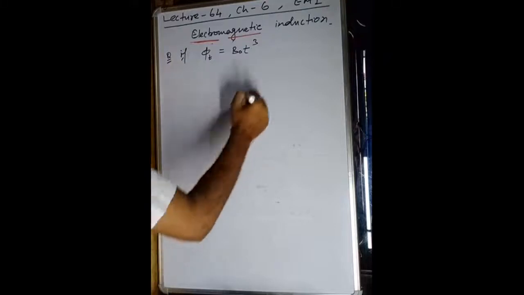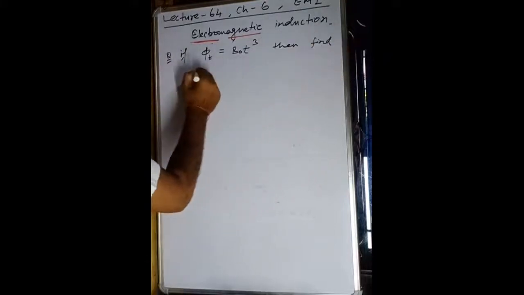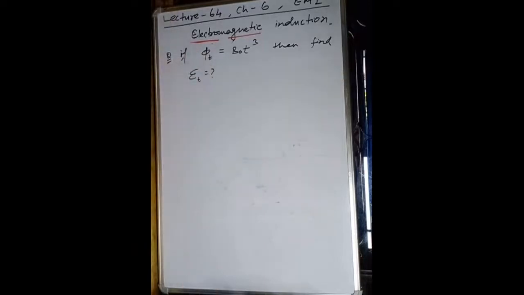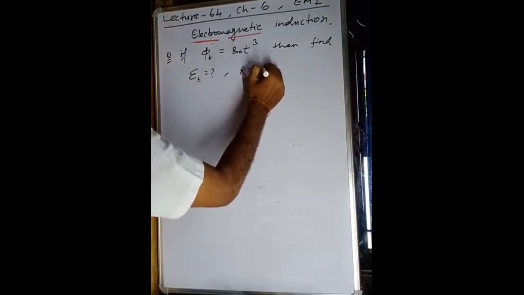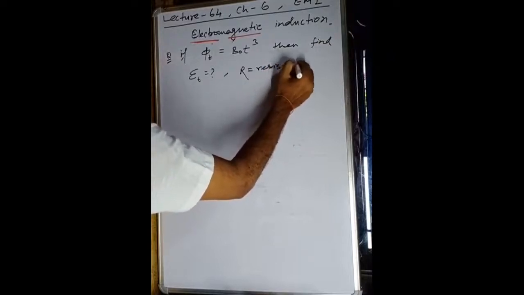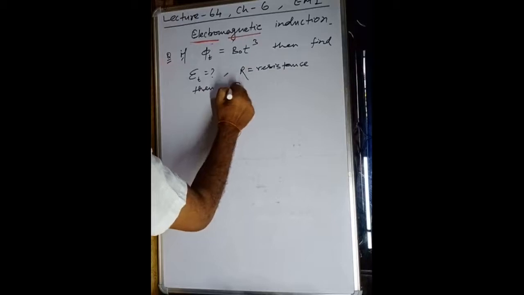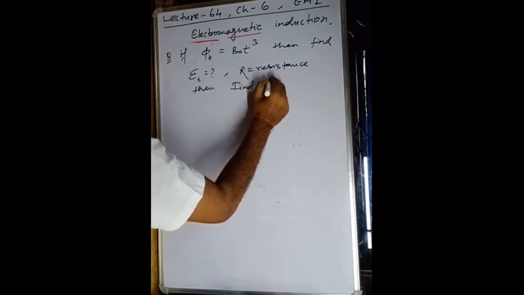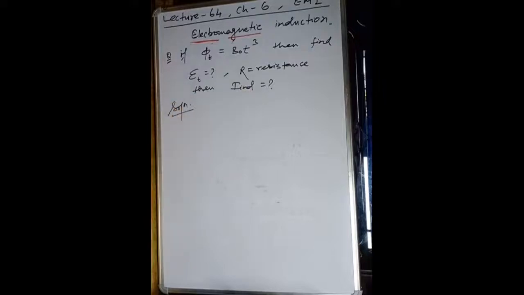Alright, then find E induced as a function of time, and R is the resistance. Then also find I induced in the coil. If you can solve, my dear students, this is very simple mathematics.